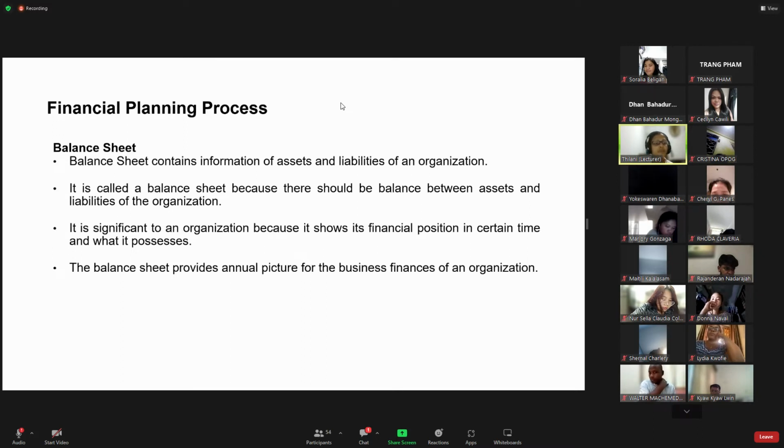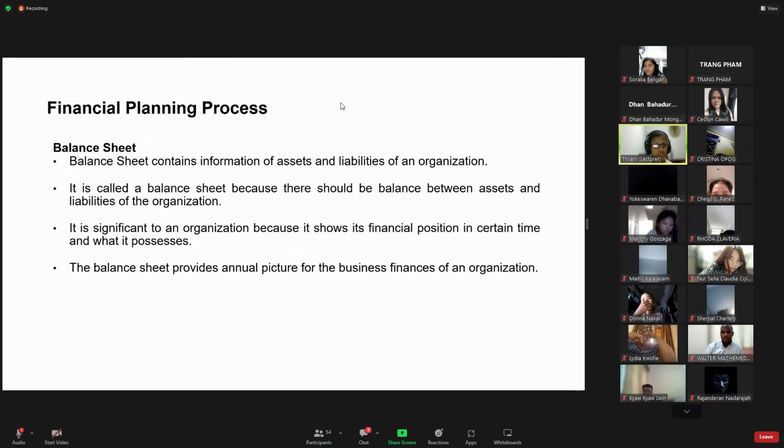Then you have something called a balance sheet. What does the balance sheet include? Now, in the balance sheet, you will have information about assets. You can have information about the liabilities of the organization. And this is called a balance sheet. Why is it called a balance sheet? Because there has to be a balance between the assets and liabilities of the organization.